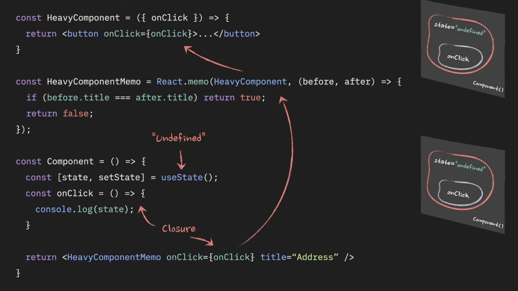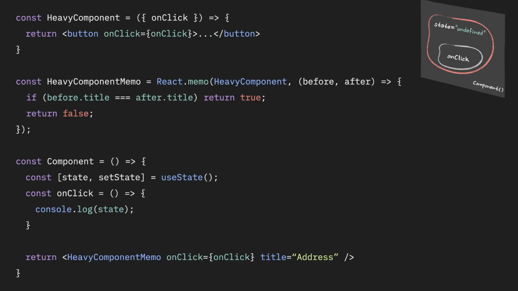Now the interesting part. Let's change state. State update will trigger re-render of the entire component, so everything inside of it is erased. And we begin our new rendering cycle. State has changed, and our closure is recreated with the latest state value.